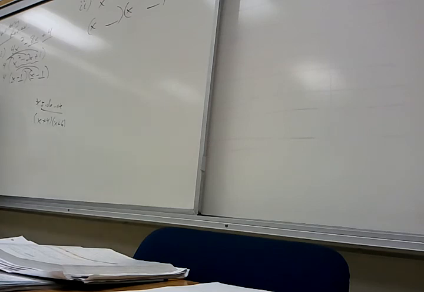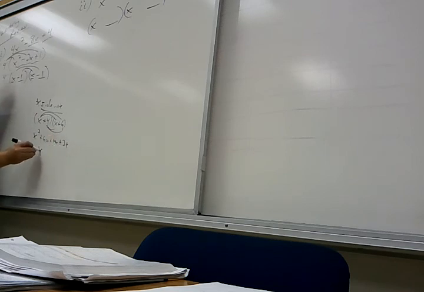Reverse engineer. x squared, 6x, 4x, 24. So I get x squared plus 10x plus 24. Where did that 10 come from? 4 plus 6. The 10 came from these two numbers adding, and the 24 came from these two numbers multiplying.